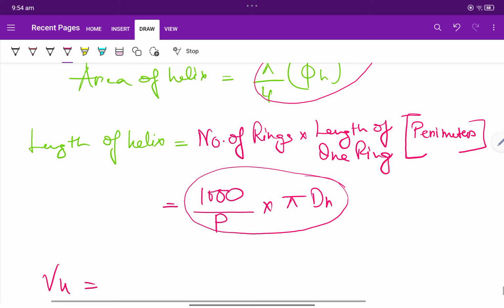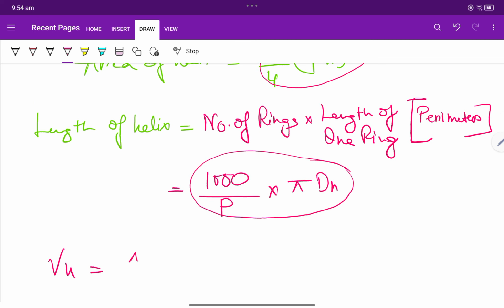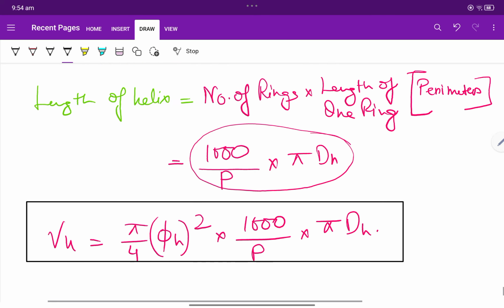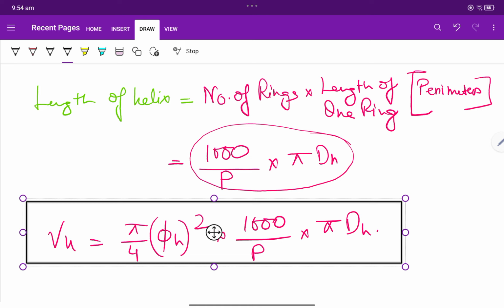VH is equal to pi by 4 phi h square into 1000 by p into pi dh. So this is how the formula comes.